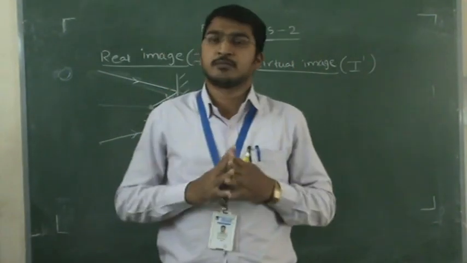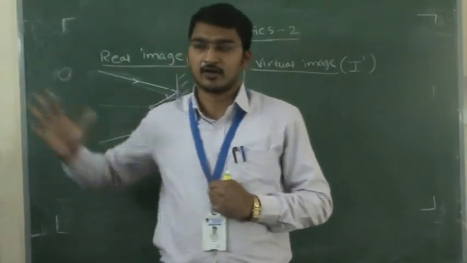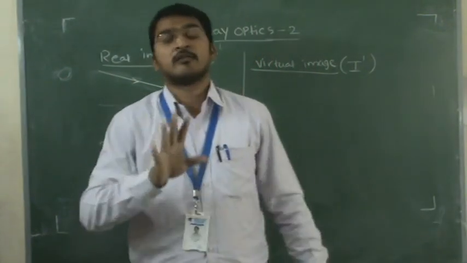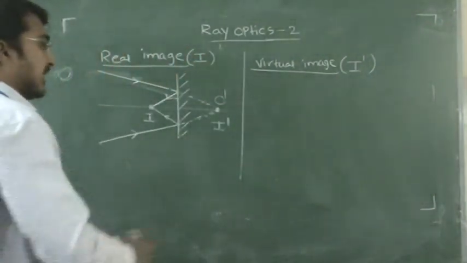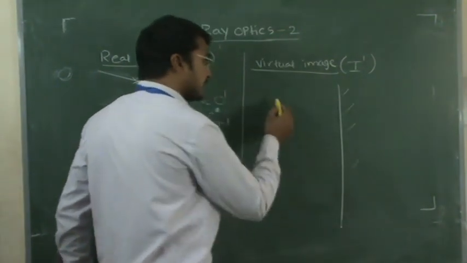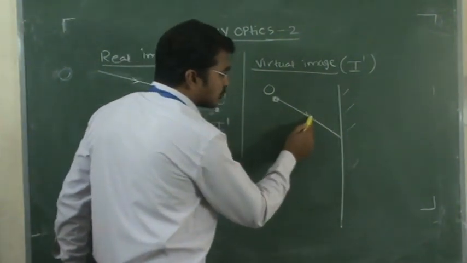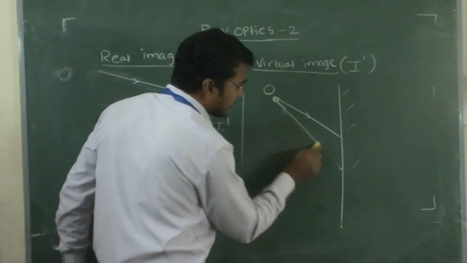What general example are we taking? You are driving a car, and you are seeing a car which is behind you in a mirror. Here we need to identify the points, so I'll take one more example. This is a mirror, here is the object, and two rays are incident on the mirror like this.